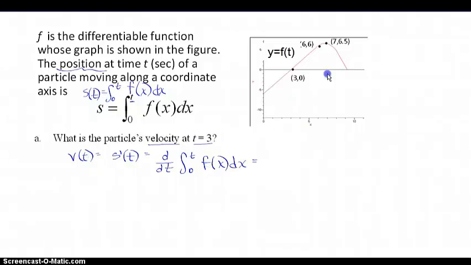And that is going to be f of t. All right? So the velocity at 3 is going to be the output of this function at 3. And we can clearly see that the output of the function at 3 is 0.